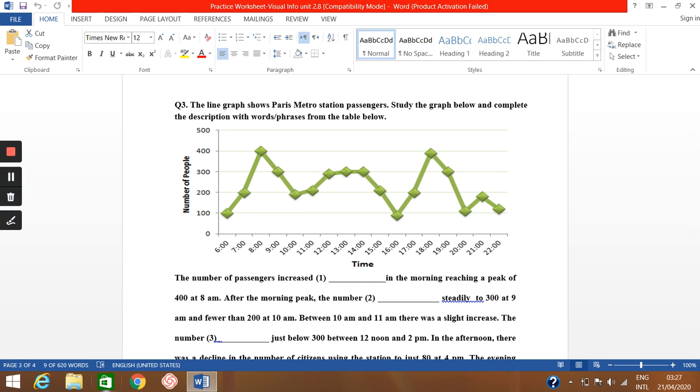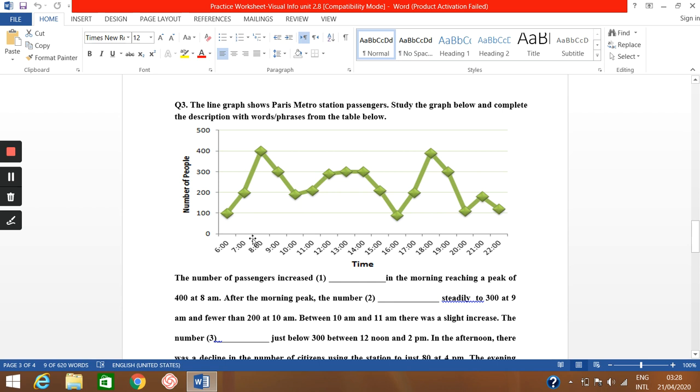So we are going to concentrate on what we need to use in the gaps here. In this case, you can start right away by looking at the text itself. Let's look at the first sentence: the number of passengers increased dash in the morning, reaching a peak of 400 at 8 a.m. So at 8 a.m., it says dash reaching the peak.